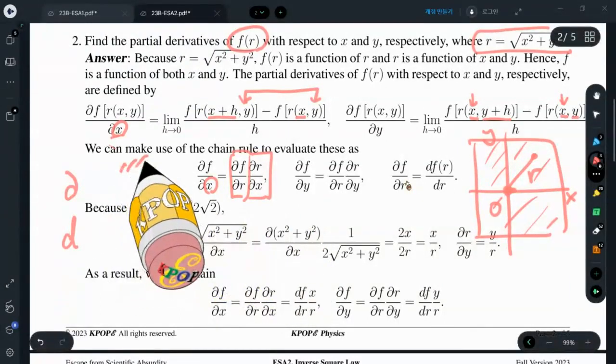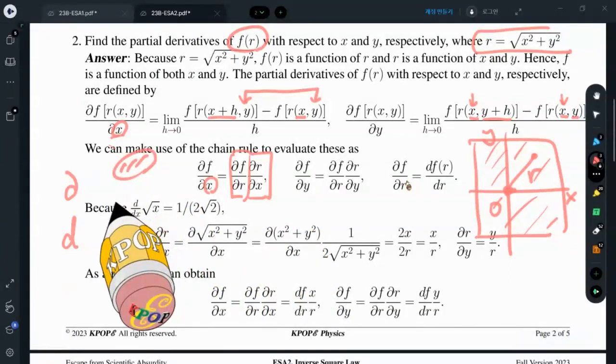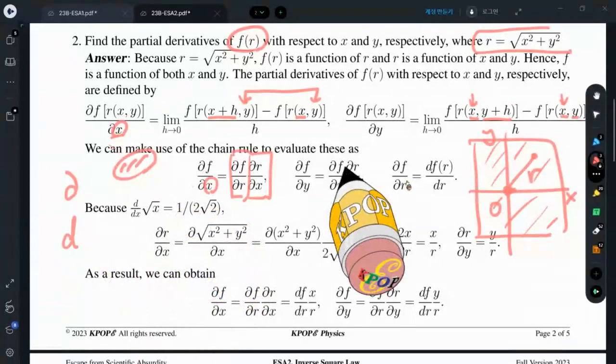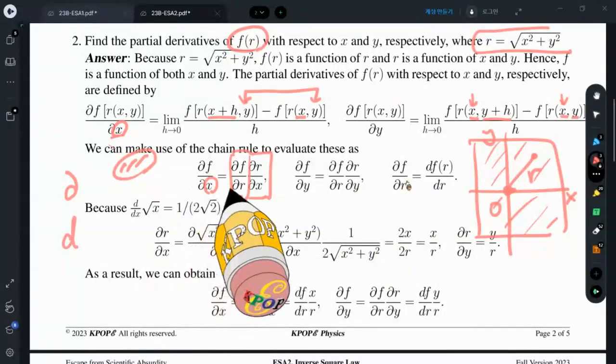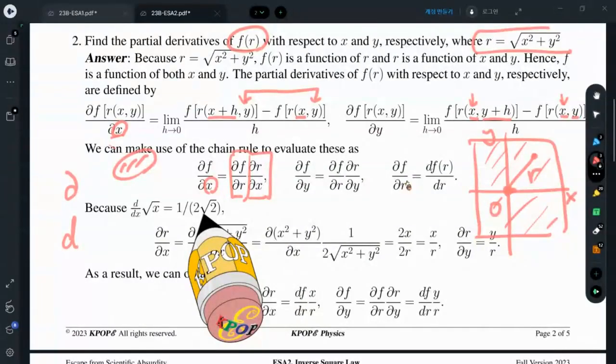Newton used primes, so it is very inconvenient. In some cases it is convenient, but in this chain rule application, Leibniz's notation is much, much better than Newton's way.